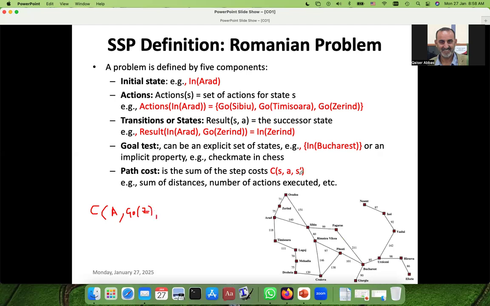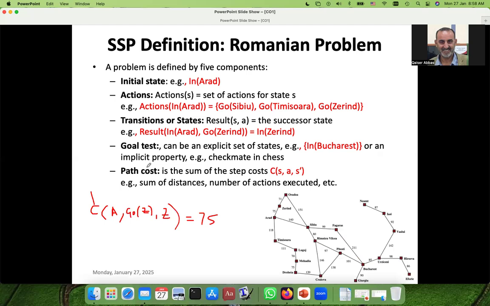And then S prime would be Serend, okay? And that cost would be equal to 75. This is the way. So this is the cost.